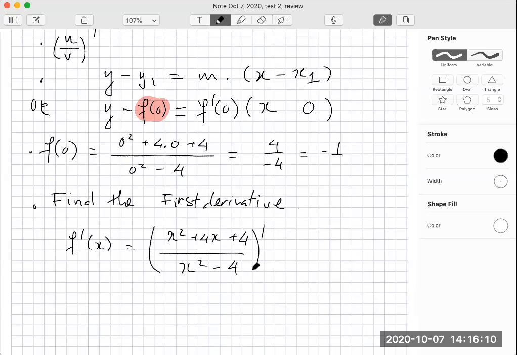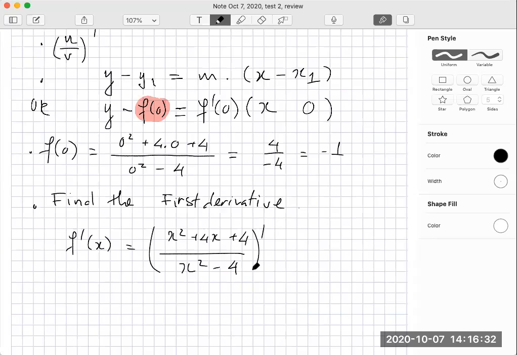Definitely we can use the quotient rule immediately, okay? But before doing this, if we think it is easy, we can simplify it first. But it's up to you. Should we simplify it first, or just take the derivative immediately?